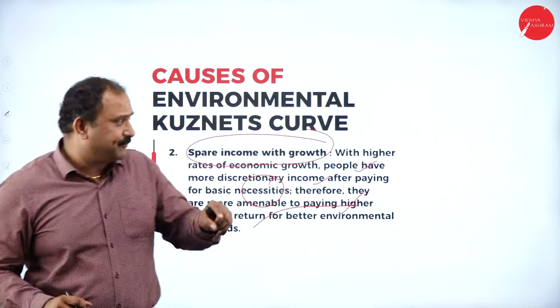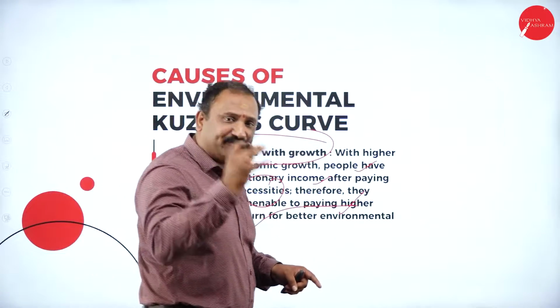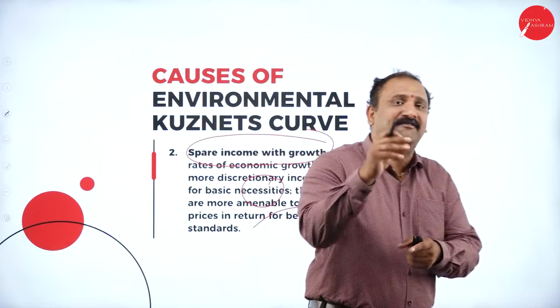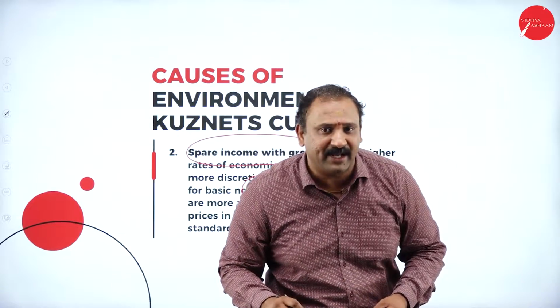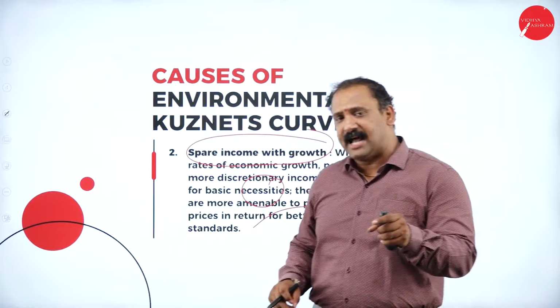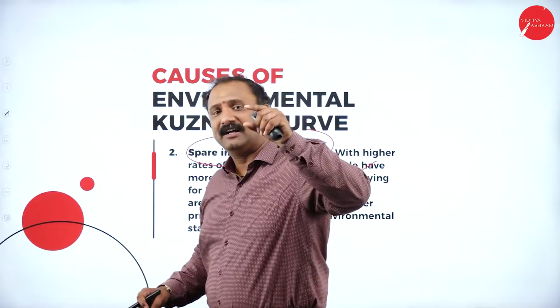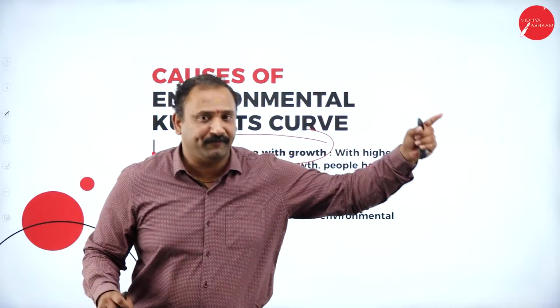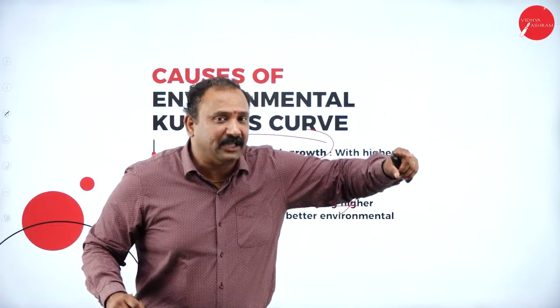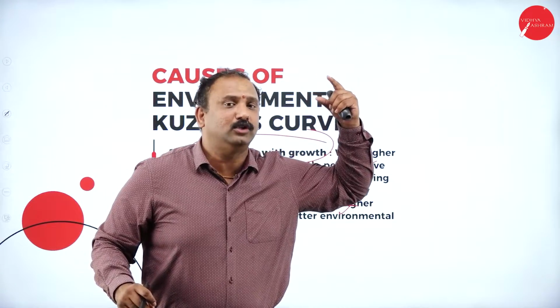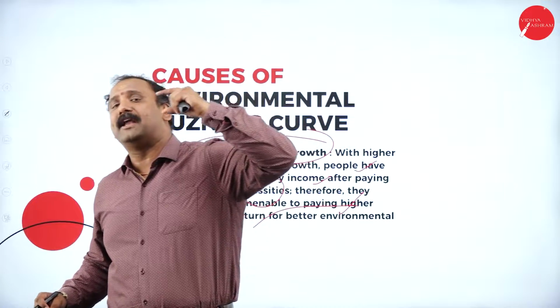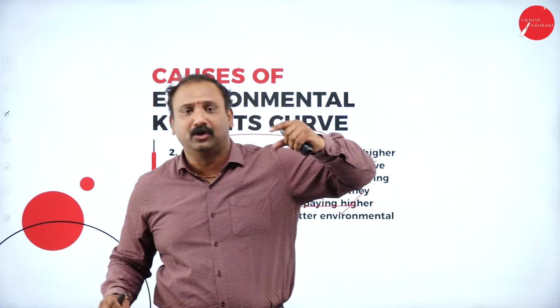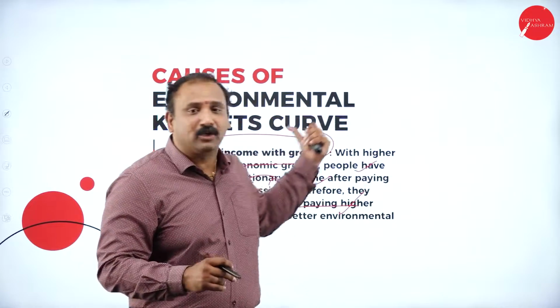Why? Because they have now come to the level where they can afford a better, cleaner and greener environment. Which means the money that you have earned by the spur of economic growth, you now want to make use of, putting it back into the environment.